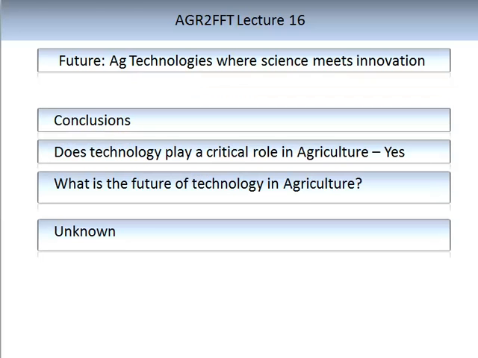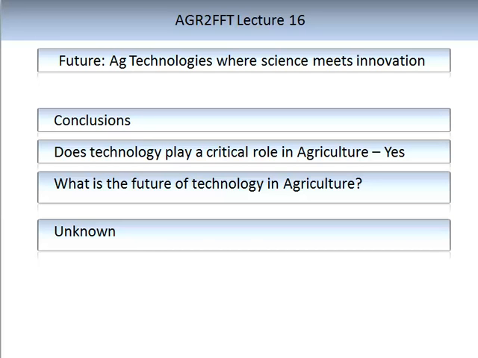So to summarize future agricultural technologies, I have thought about how you can reflect upon this. If I had to put one statement together about agricultural technologies that are at the cutting edge, I would say that agricultural technologies are where science meets innovation to enable increased productivity.